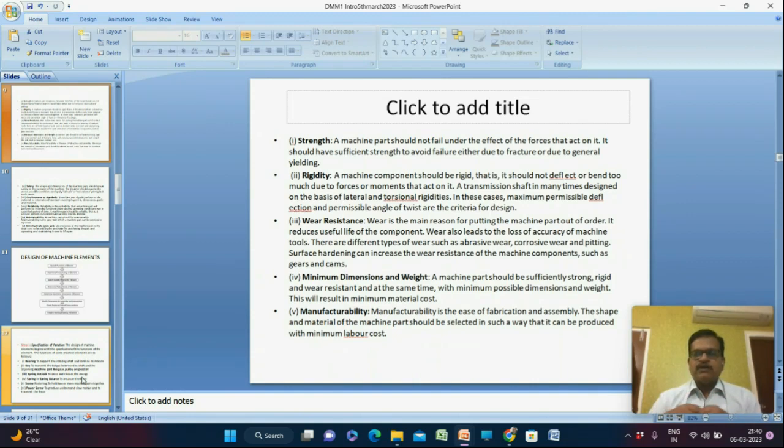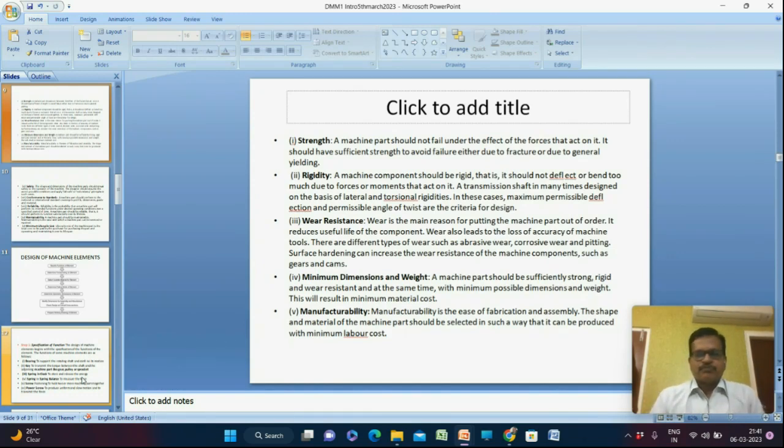Within a short period of time, the contact between them, that means the fastening between them, will be lost. That means the fit will be converted into a loose fit. When they are loose, the relative motion between them is hampered and sometimes the parts may get separated.